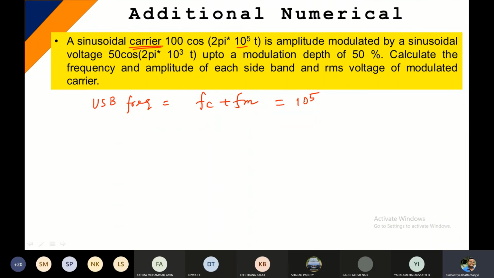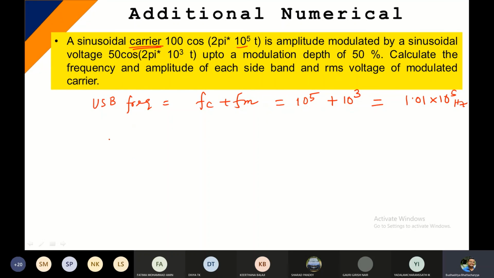I want you to remember that the carrier frequency will always be greater than the modulating frequency or the baseband frequency, and this is one of the indicators whether you are choosing it correctly or not. So make sure you do that. So this plus 10 to the power 3 becomes the total frequency, and that will be around 1.01 into 10 to the power 5 hertz.